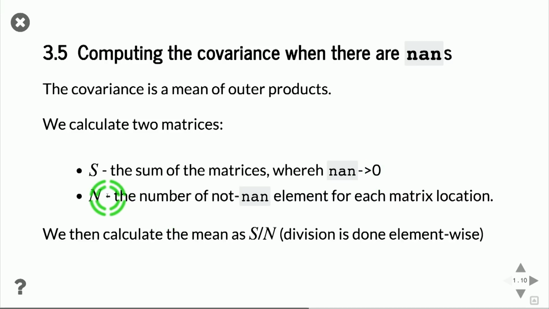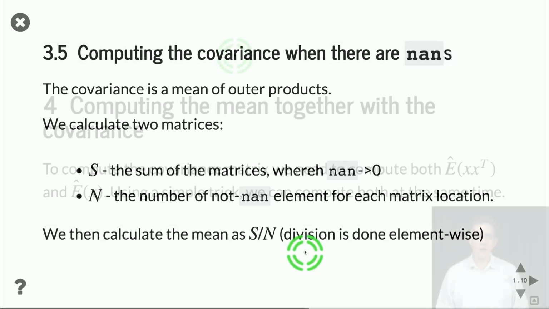And the other is a matrix that has, for each entry, how many times it was not nan. Okay? So it might be different in different parts of the matrix. And then when we want to calculate the mean, we calculate S divided by N. So we divide element-wise each element from the matrix S by each element in the matrix N.